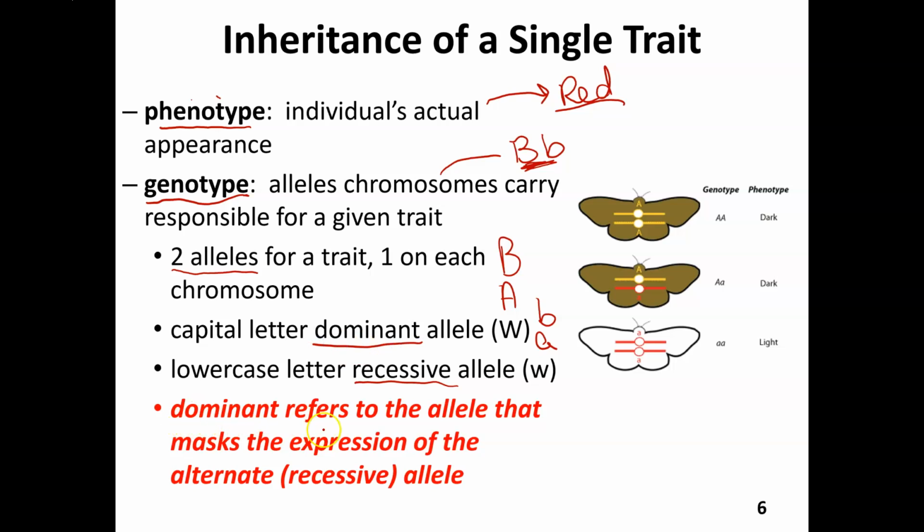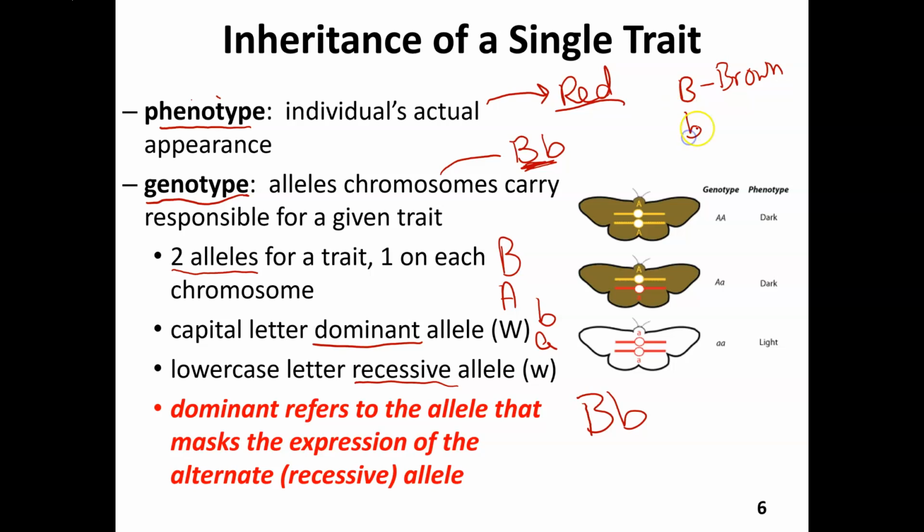And so when you say dominant, that means the allele masks the expression of the recessive allele. So if you are dealing with a completely dominant trait, a dominant allele is going to mask the recessive allele. So you could be big B, little b, and say B stands for brown hair, right?